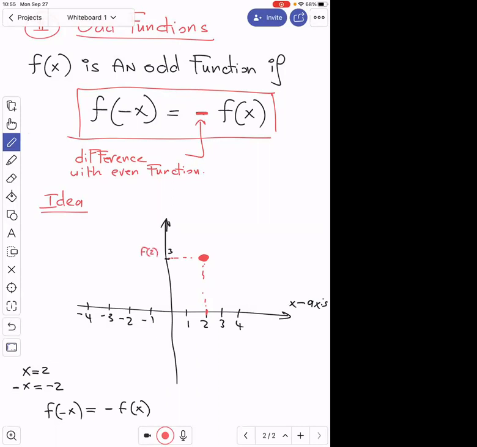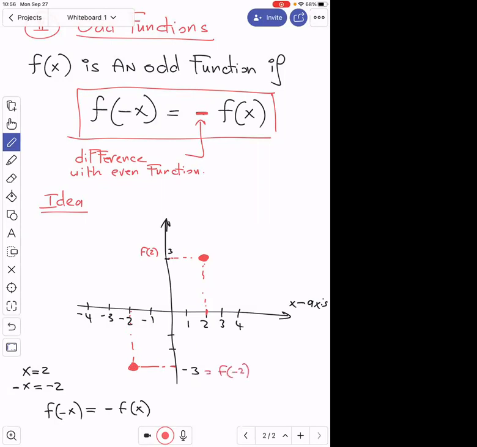Now, what we are saying is that f of -2 is going to be the opposite of f of 2. f of 2 here is actually 3, right? Now, f of -2 is going to be -3. So f of -2 is going to be -3 right here. Okay, so this is f of -2.